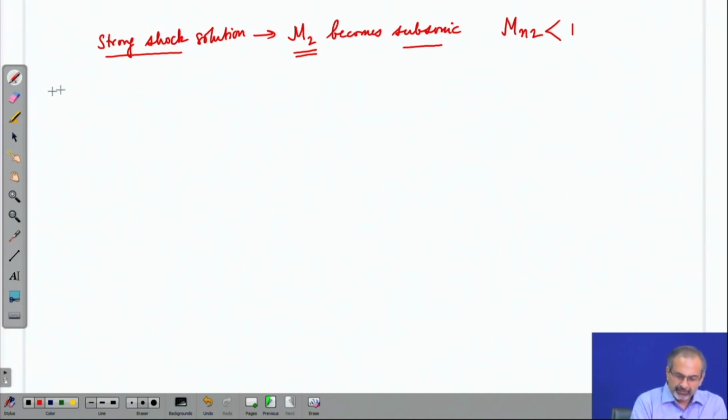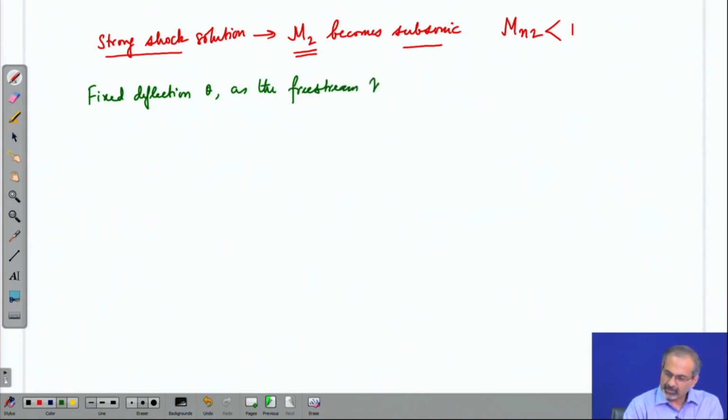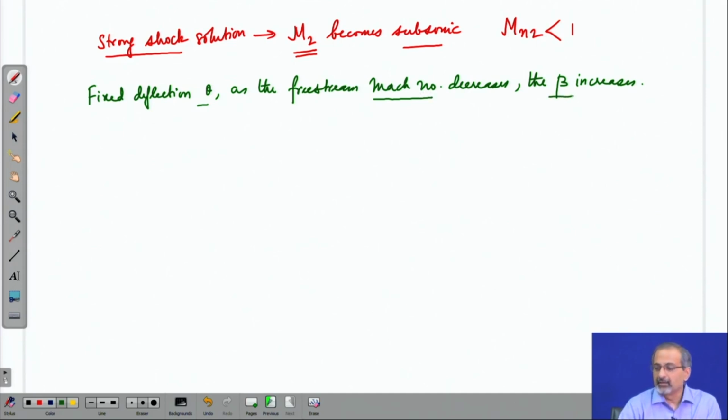And further, let us write down another aspect: for a fixed deflection theta, as the free stream Mach number decreases, the beta increases. We are not changing theta, mind it, we are just decreasing the free stream Mach number. At the same time, the beta starts increasing.